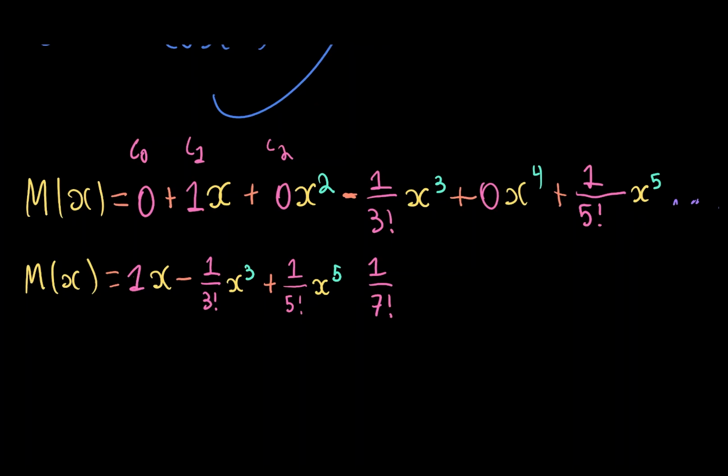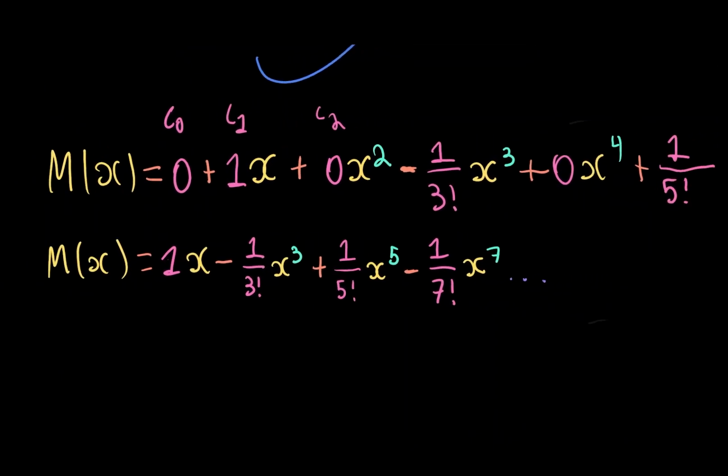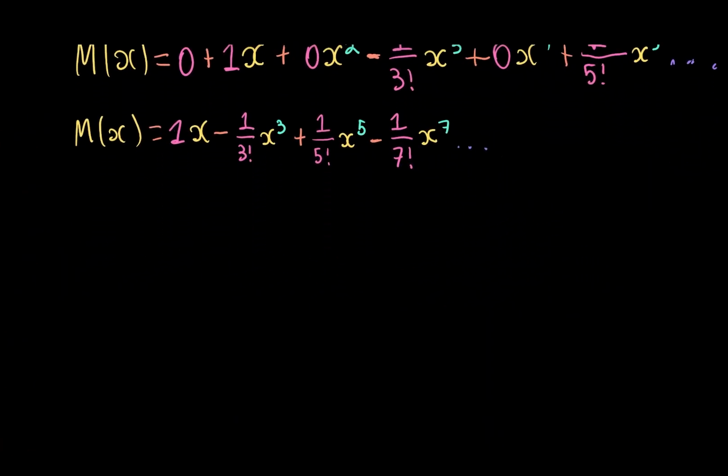And actually it would be negative because the last one was positive. x to the power of 7. And then so on. So this is just us simplifying. These two are equivalent. We just remove the terms that don't contribute much. Okay. So now that we have this representation, what patterns can we notice?